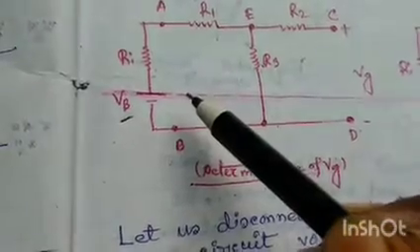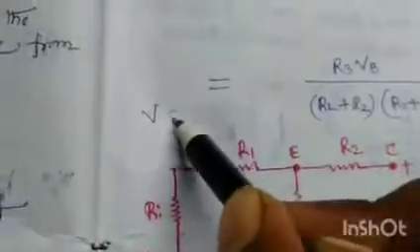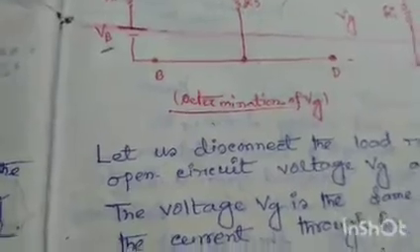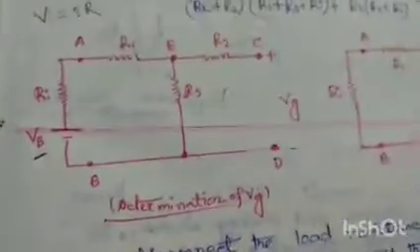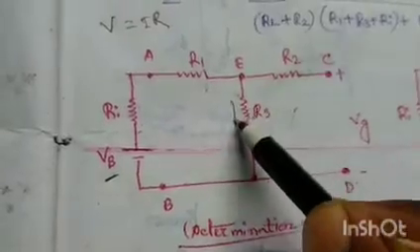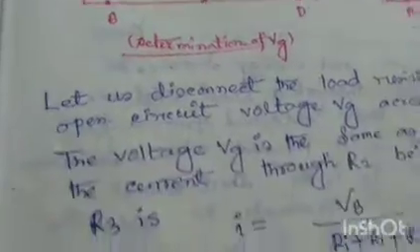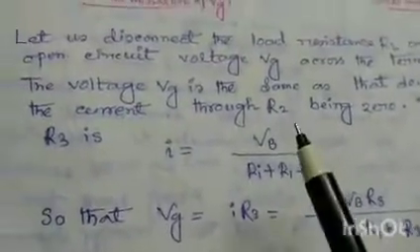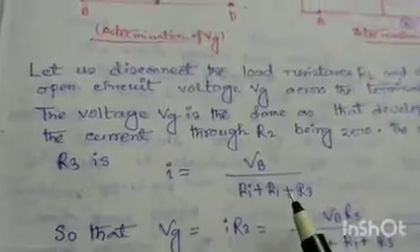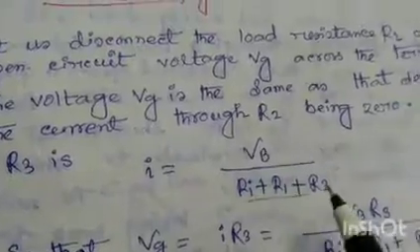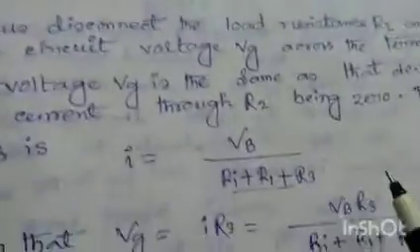So using Ohm's law, V equals to IR, current I equals to V by R. So I equals to Vb by Ri plus R1 plus R3, the total resistance, and this is the battery voltage. So current in this loop, I equals to this.